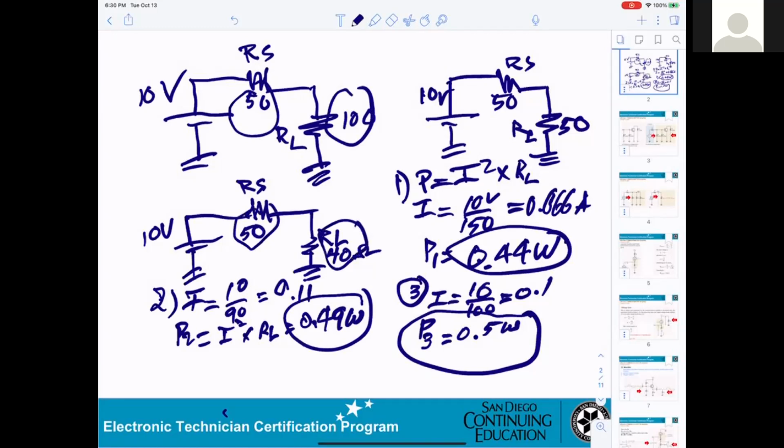This one is 50-50, they are matching. So the power will be maximum. For the transmission, the impedance must be matching in order to get maximum power.